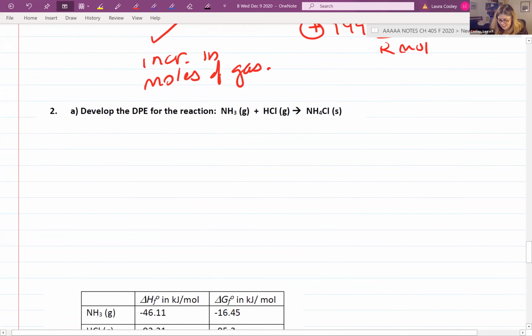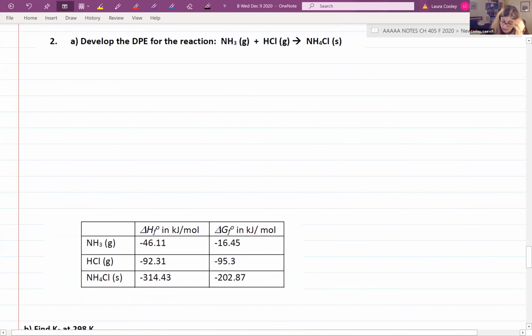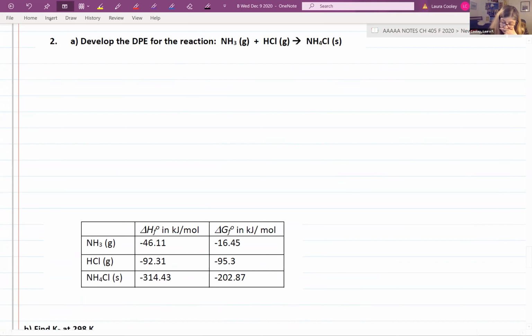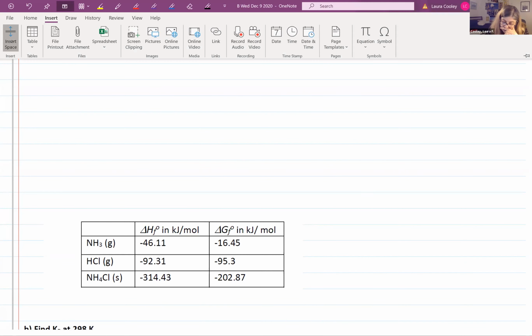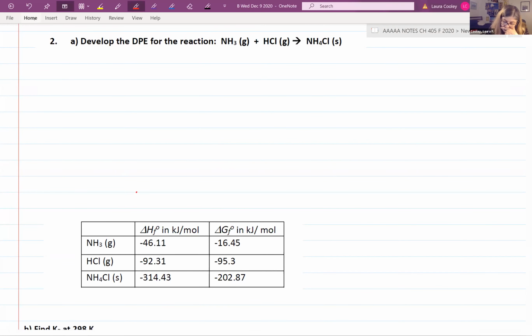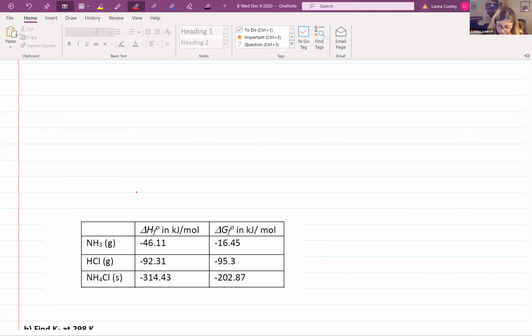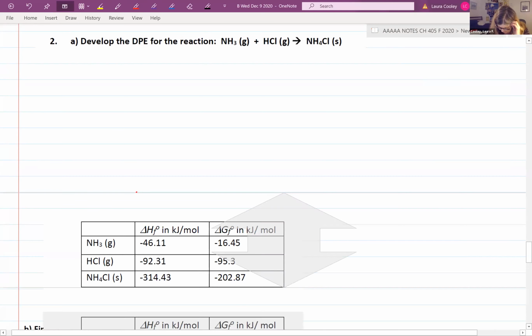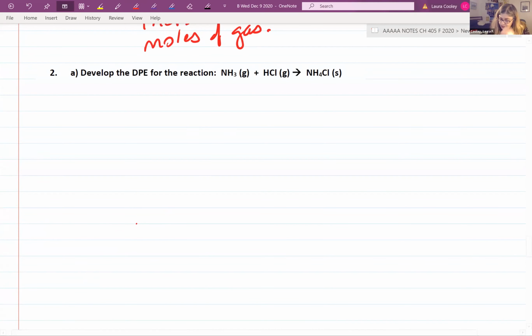Let's do the next one. All right. Somehow I think I'm going to need more room for this one as well. Oh, come on. All right, so on to the next one.